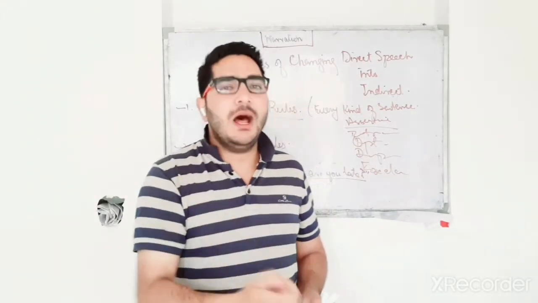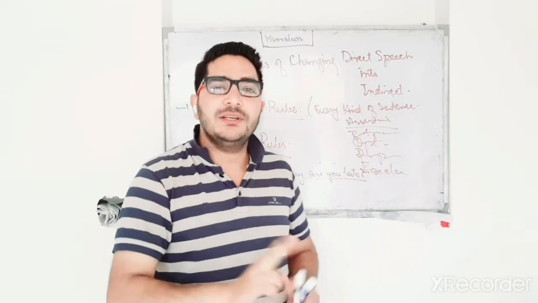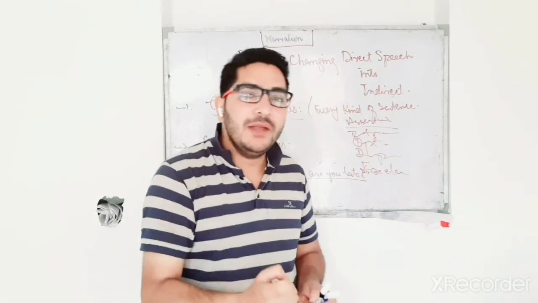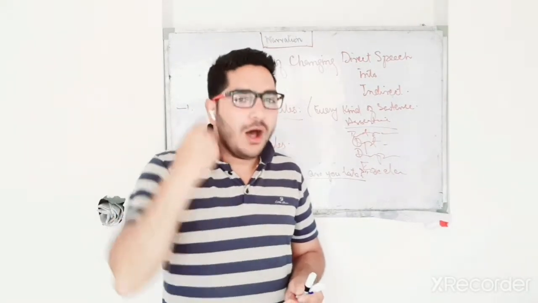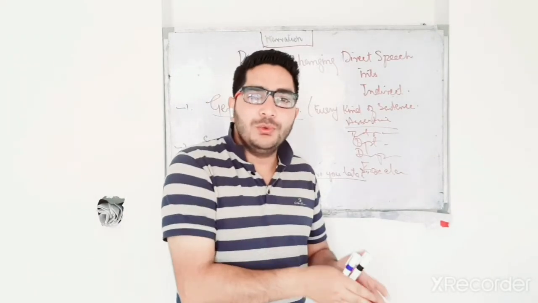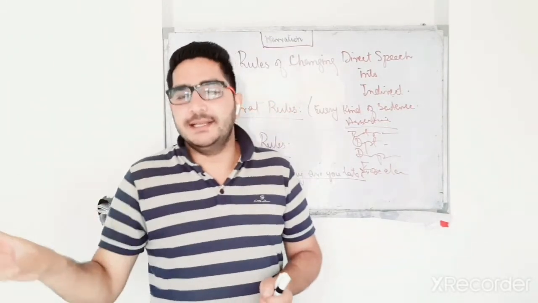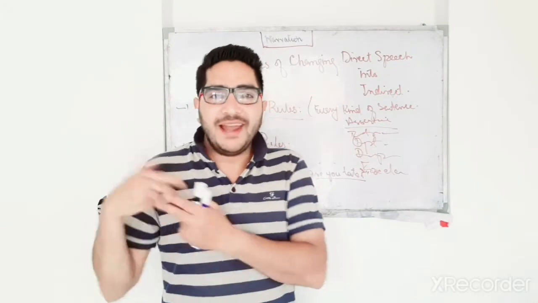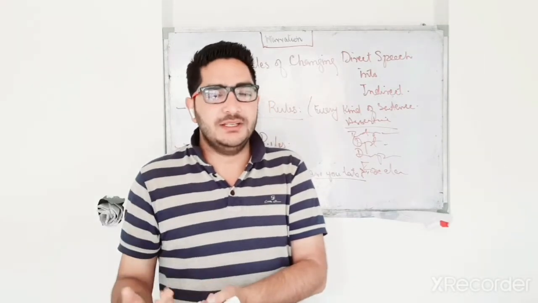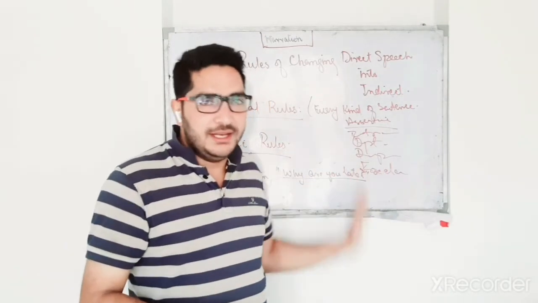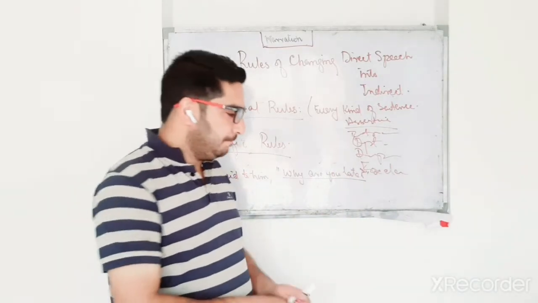So we shall start with general rules first, and discuss them one by one, and after that we'll come to specific rules and specific sentences, different kinds of sentences, in the later part of this topic.